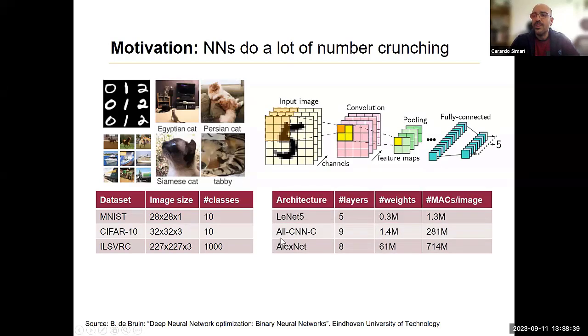So depending on different architectures that you might run into, the number of weights that you have also grows quite a lot. For AlexNet, you have already 61 million weights. And the number of multiply and accumulate operations that you do per image is already almost in the billions.